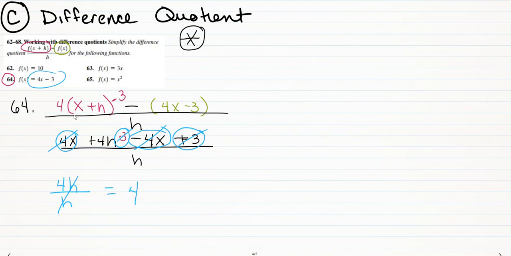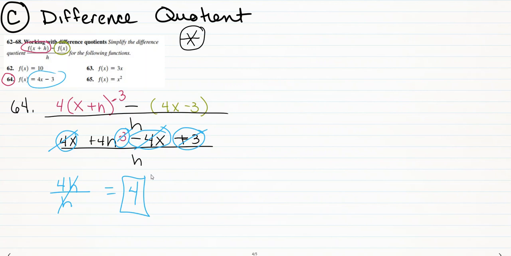So we had 4 times the quantity of x plus h, quantity closed, minus 3, minus 4x, minus negative 3. The negative 3 and the minus negative 3 canceled out. The 4x and the minus 4x canceled out. We were left with 4h divided by h. The h and h reduced or divided, so we're left with 4.